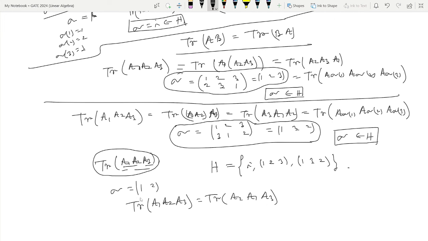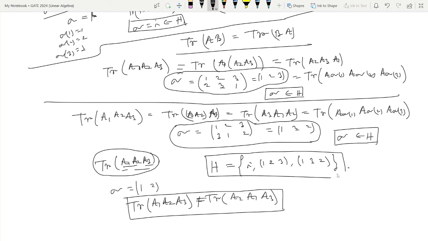This cannot happen for all A1, A2, A3 in general. Similarly, the other sigmas cannot belong to H. So H contains only these three elements, so this is equal to 3.